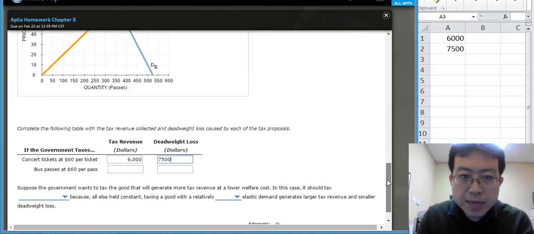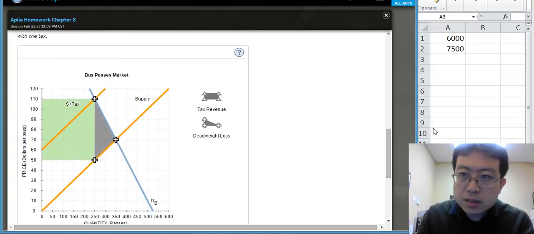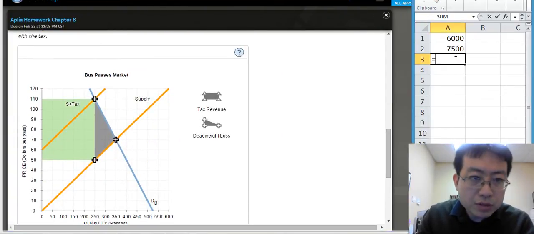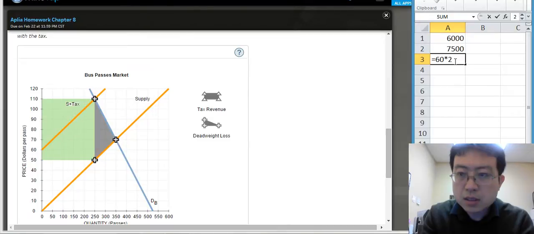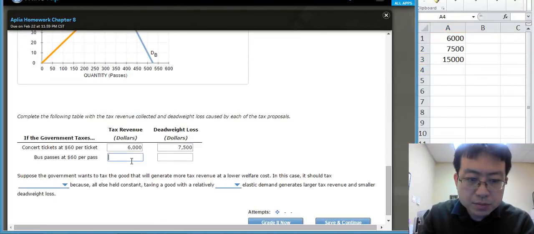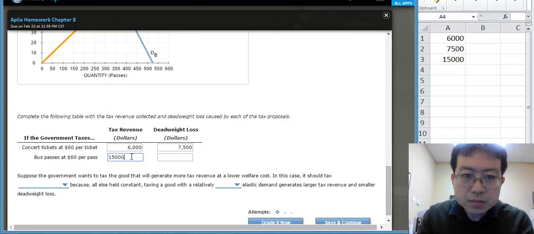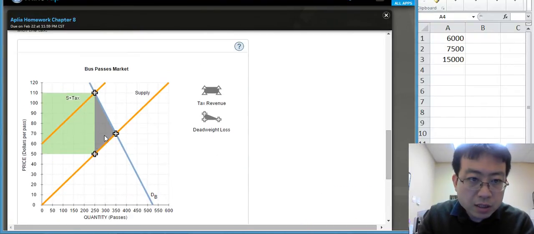And for a bus pass, the revenue is this green rectangle over here. So it's 60 times the quantity, which is 250. So that's 15,000 in tax revenue. And then the deadweight loss is the smaller triangle over here.